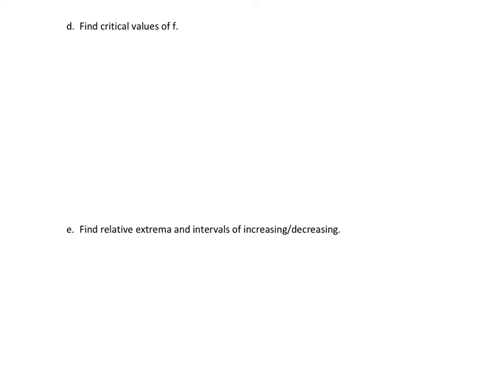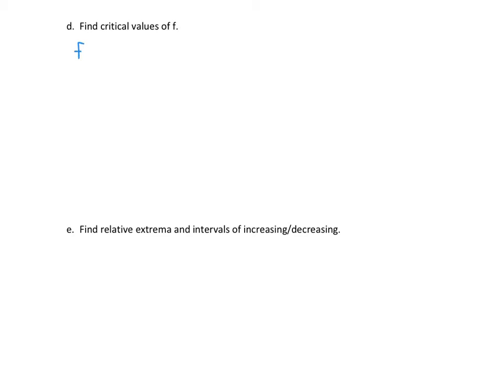Next, we want to find the critical values of f. Recall that critical values occur when the first derivative is equal to 0, and also for x values for which the derivative does not exist. Let's begin by setting the first derivative equal to 0.